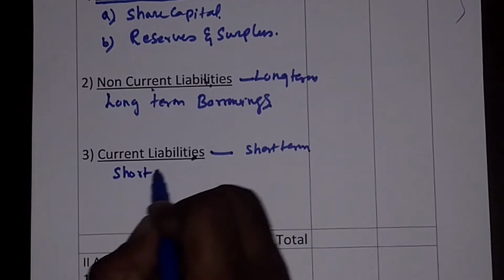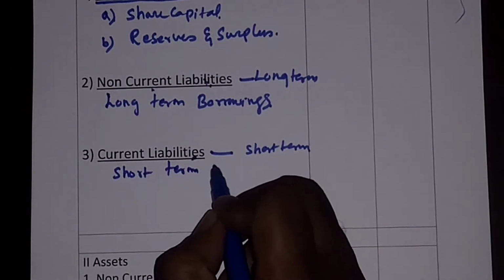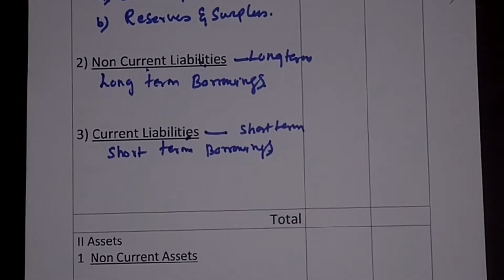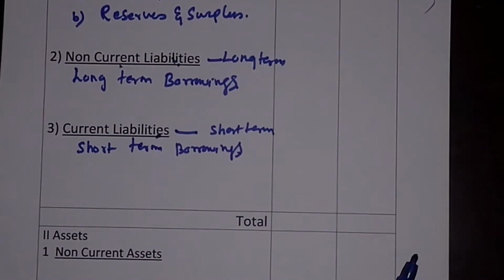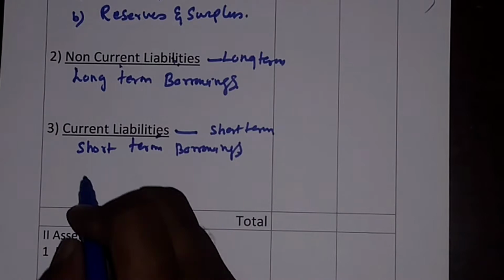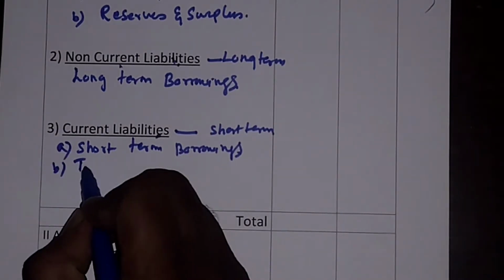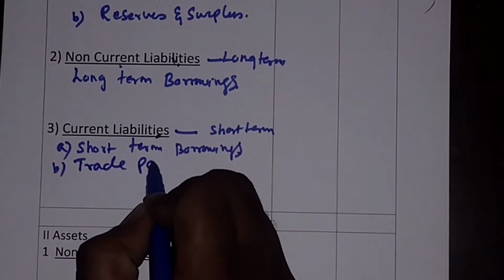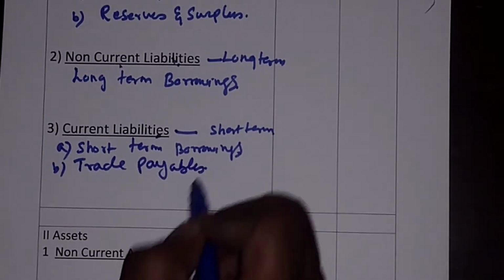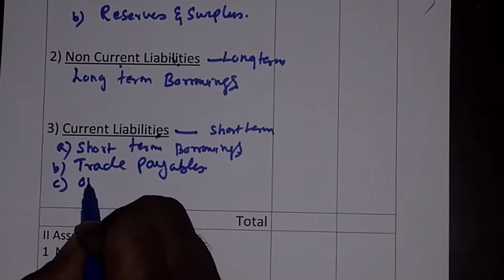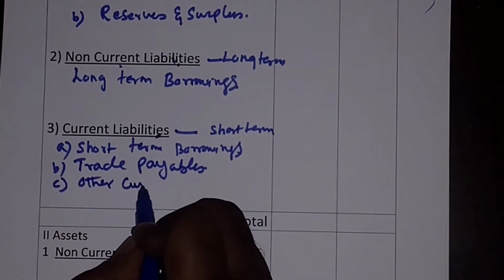Under current liabilities, what will appear? Short term borrowings. Next, after short term borrowings, the second one is the trade payables. After trade payables, next one is the other current liabilities.